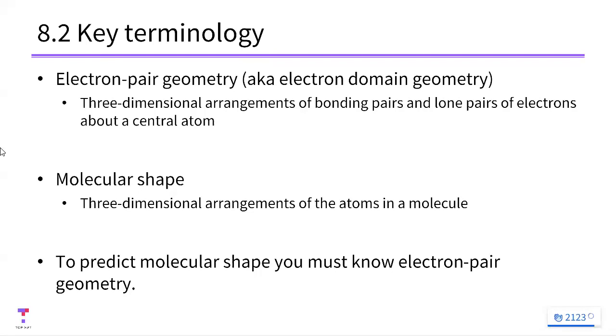Electron groups are composed of two types, the bonding groups and the non-bonding groups. The bonding groups are exactly what it sounds like, atoms that center atom is bonded to. The non-bonding groups are the lone pairs, the electrons that are on an atom but don't actually make bonds with anything.